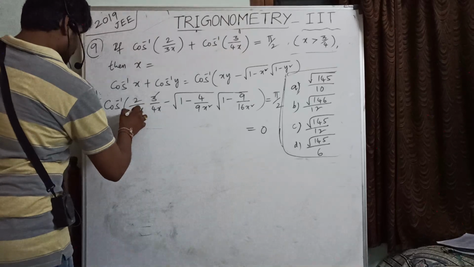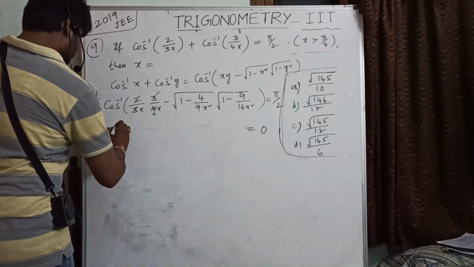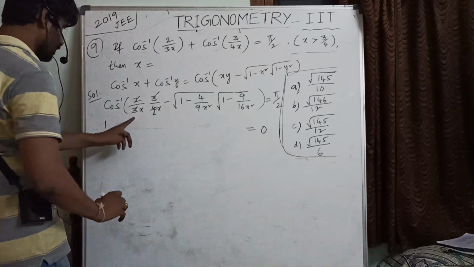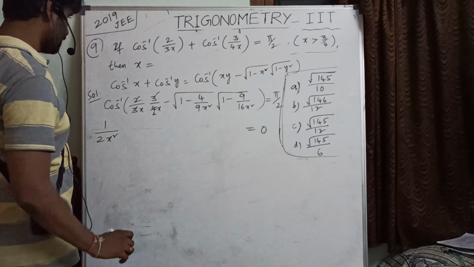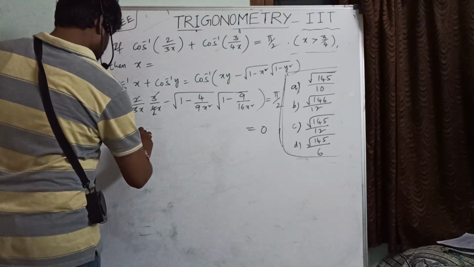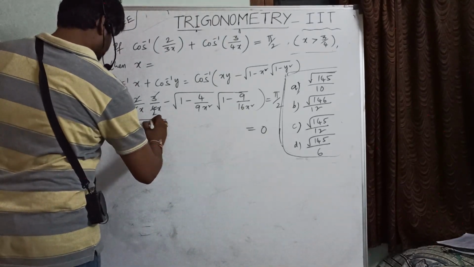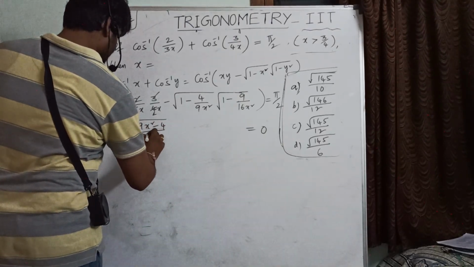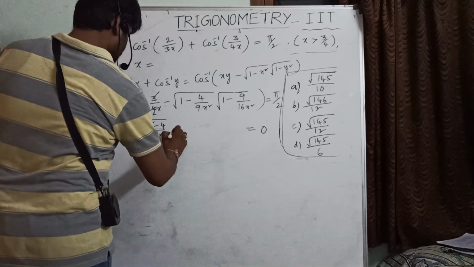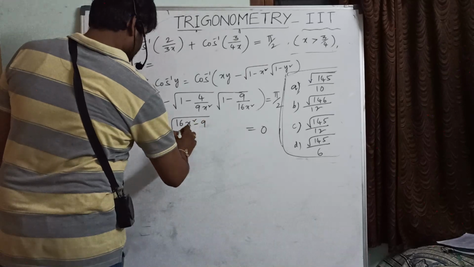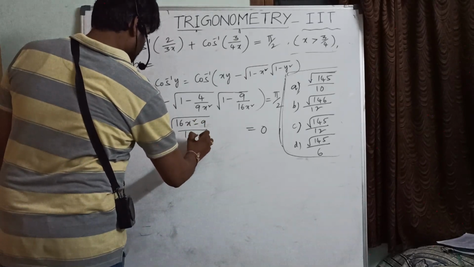Now here. So 3 get cancelled. 2 2s are. So what can I write? 1 by 2 x square, 2x into x square. So minus root of 9x square minus 4 by 9x square. Clear? Root of 16x square minus 9 by 16x square.